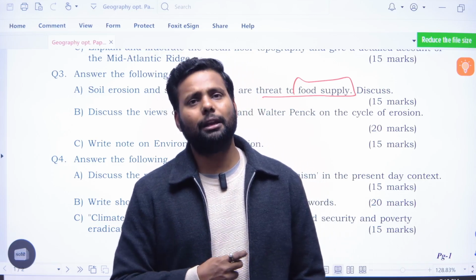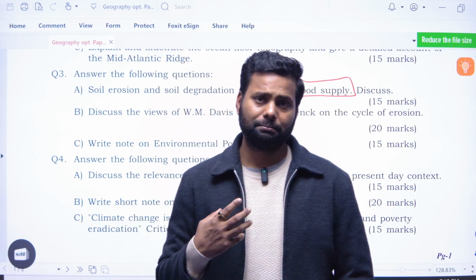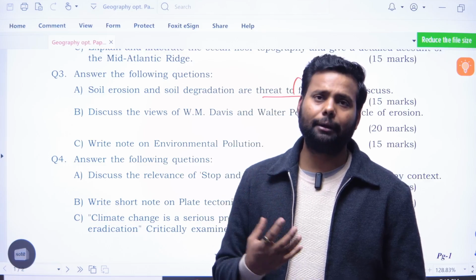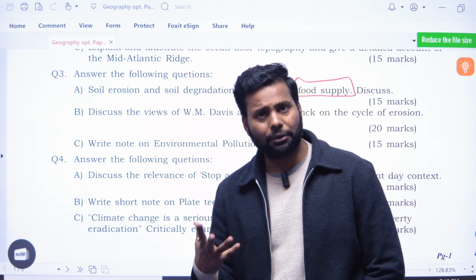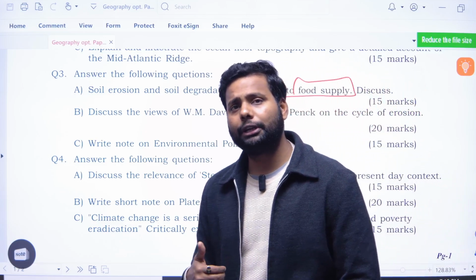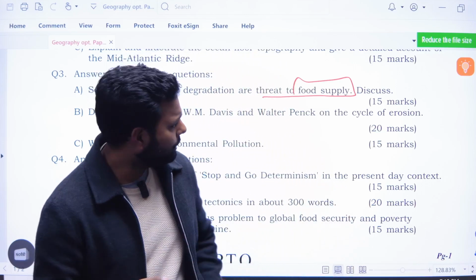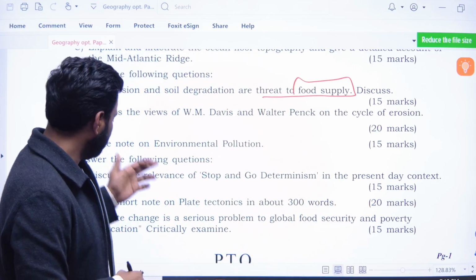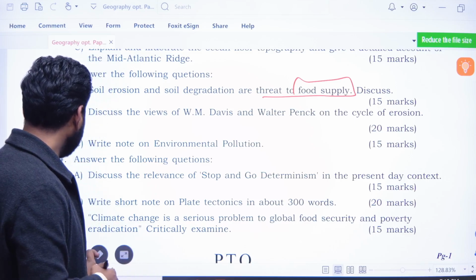One is malnutrition: people are affected by malnutrition and less nutritious foods. There are many diseases related to protein and fat. You have to mention this type of answer for this type of question.